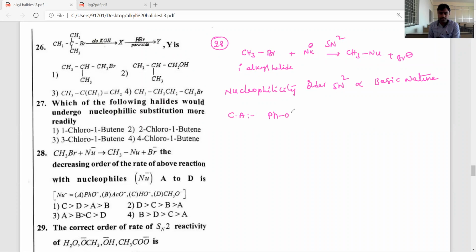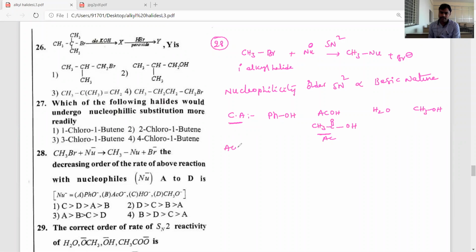Phenol, PhOH. Acetic acid, Ac means acetyl group, CH3C double bond O, so AcOH. Ph means C6H5. And OH minus means water. And methanol, CH3OH. These are the corresponding conjugate acids.